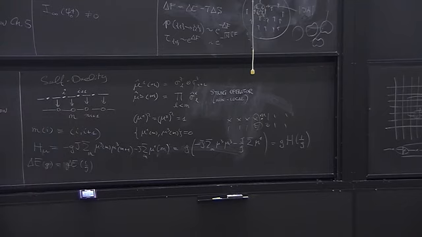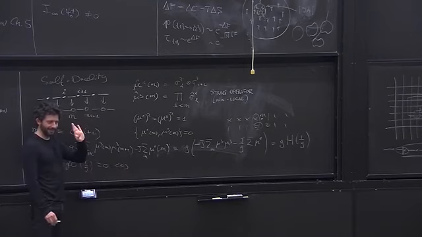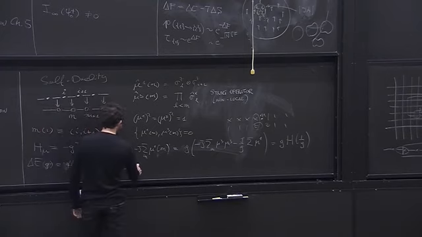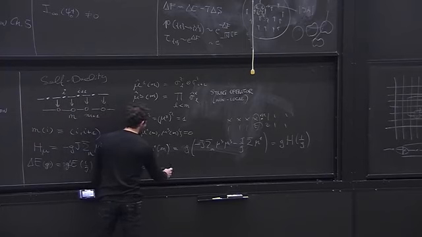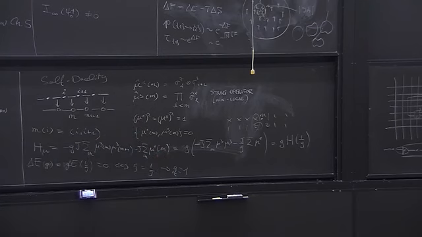So if you now impose that the gap must be 0, and you assume that this can happen for only one value of G, so you have to assume it, and we already know that this does not happen for G equals 0 because we know that G equals 0 is not the critical point. So this is 0 if and only if, assuming that this value is unique, G is equal to 1 over G, which means that G is equal to 1. So you see, without solving the model, without doing any calculation, just because it's self-dual, I know where the critical point is.